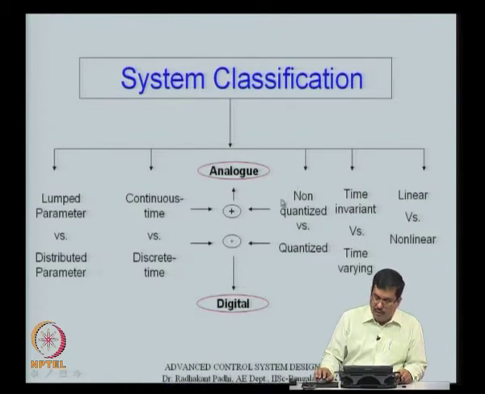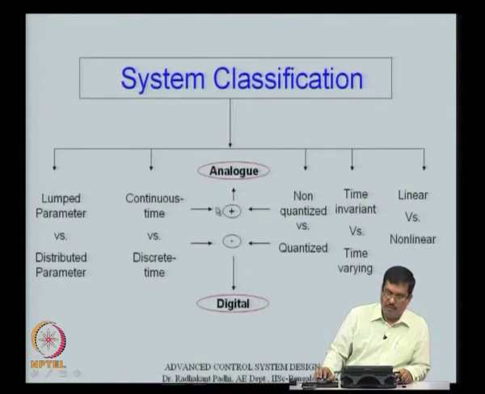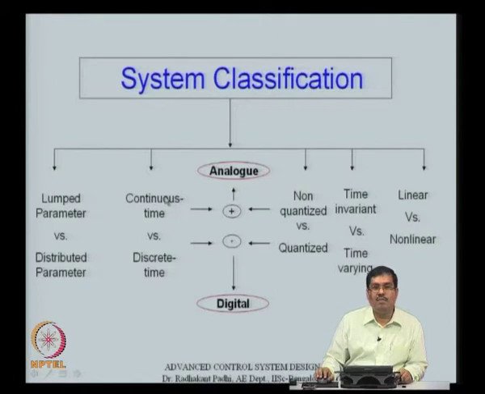Next, there is a similar visualization you can do from the dependent variable sense. This was about the independent variable. When you discuss discretization of time, time is an independent variable anyway. Now, you can discretize the dependent variable also, or not. If you do not discretize the dependent variable, it is non-quantized, and if you do discretize the variable, then it is quantized.